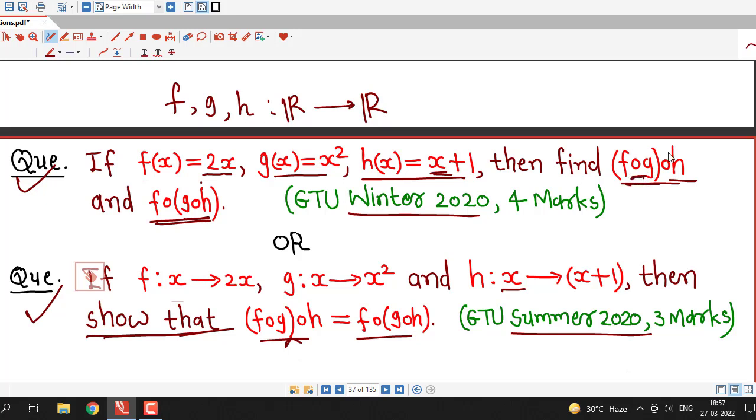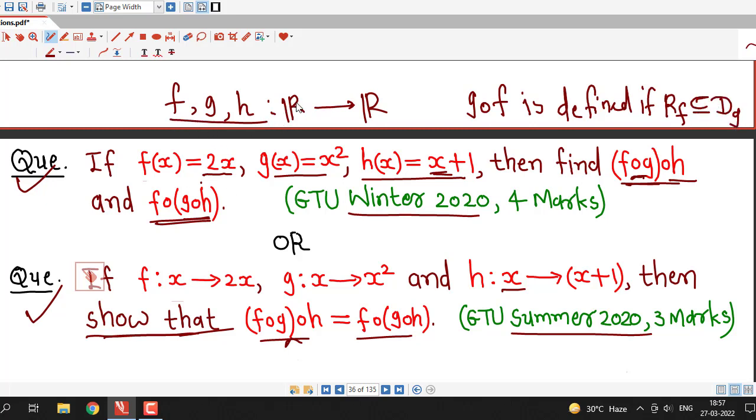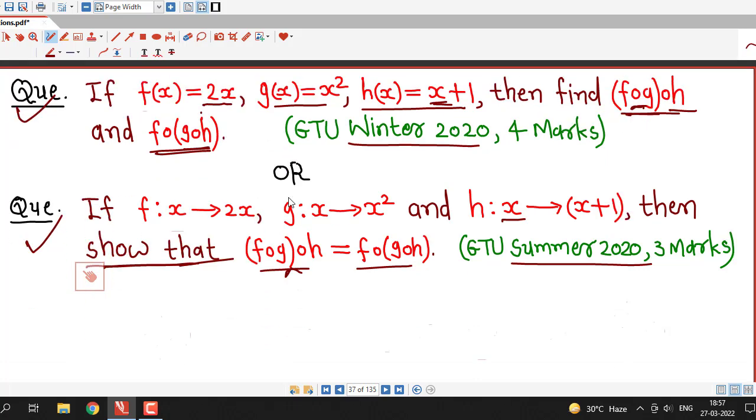Because we know that g composite f is defined if range of f is a subset of domain of g. So first thing we will write is that here f, g and h are functions from R to R.